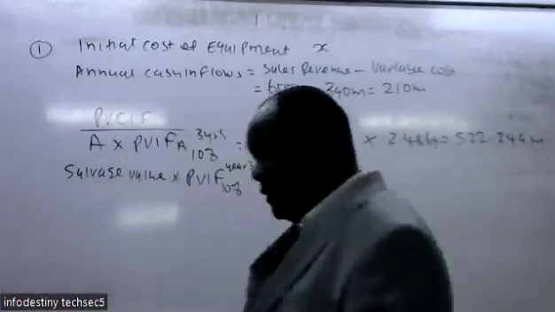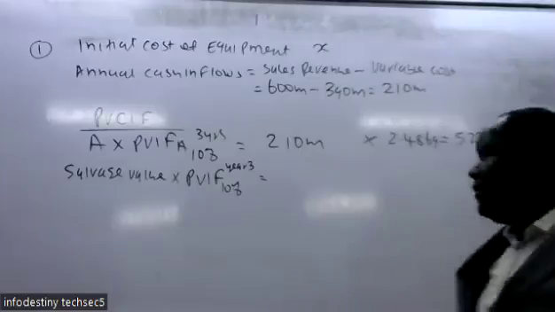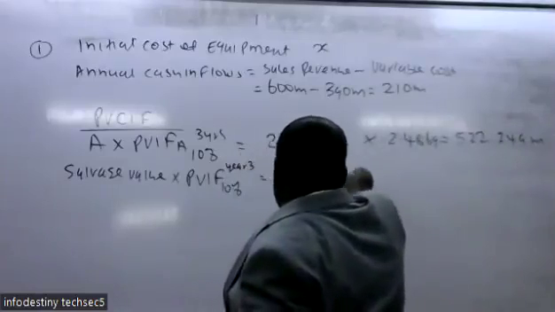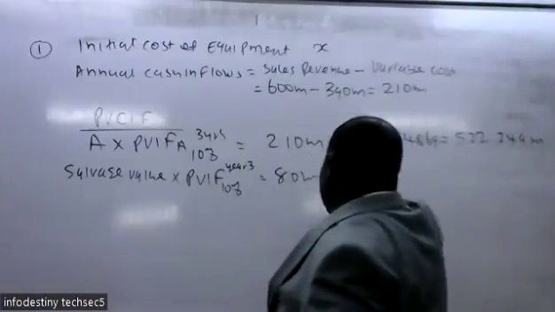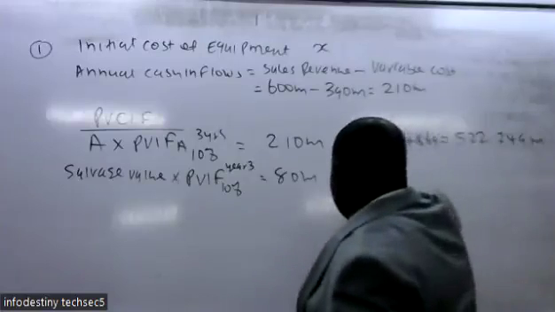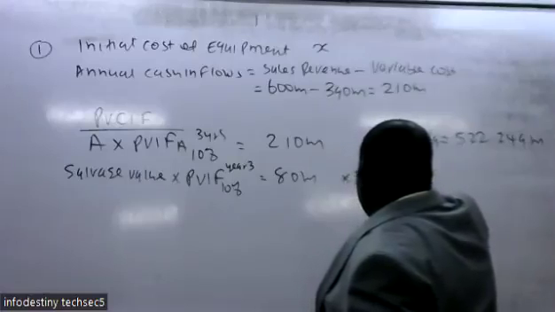So you can see in the question the salvage value, the scrap value, is the salvage value. They are giving us 80 million. So confirm also in the first table. What is there as 10% in year 3? 0.7513.